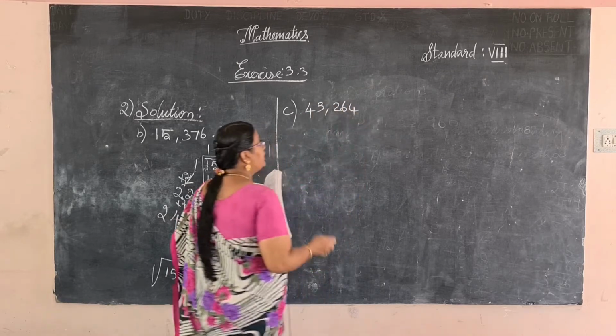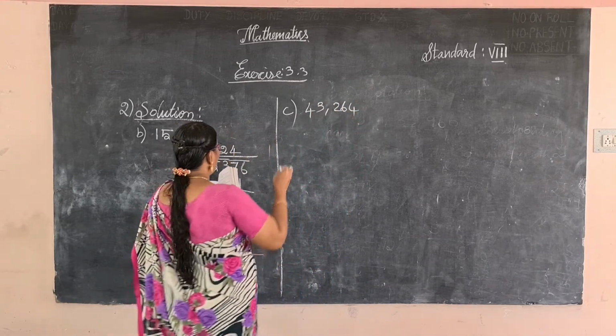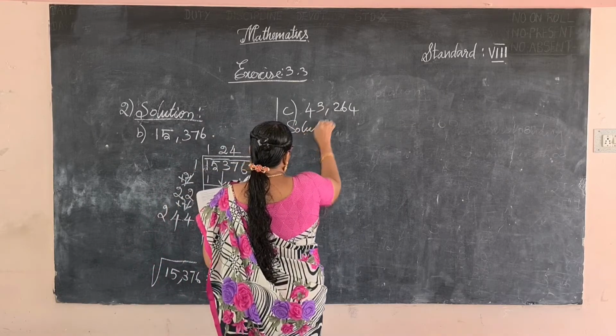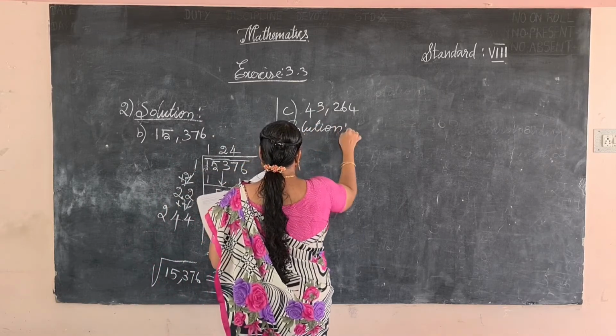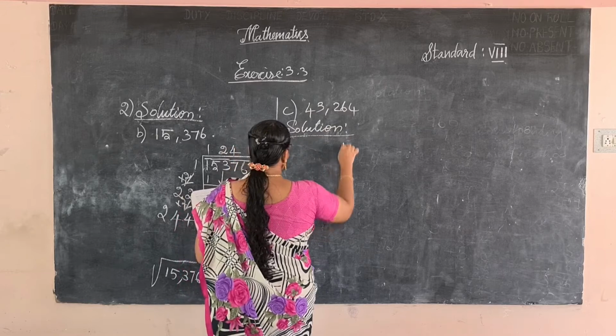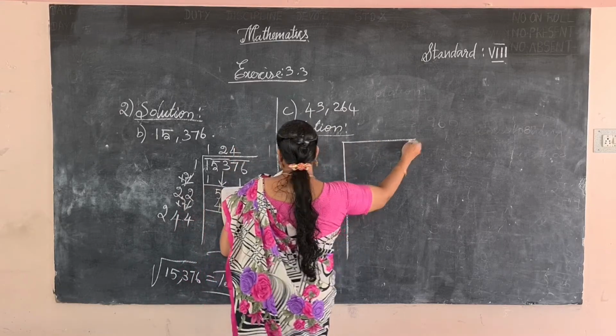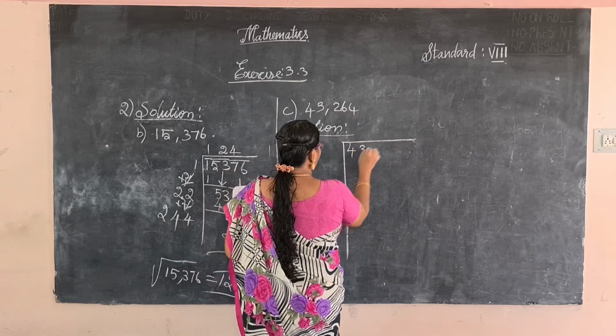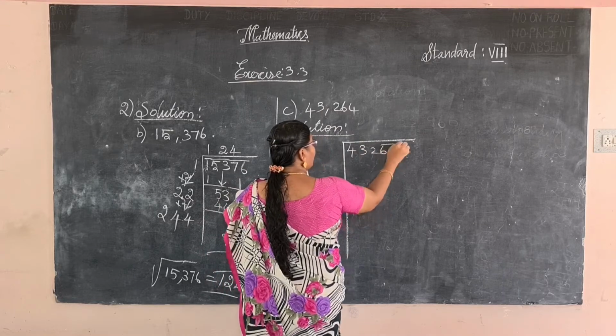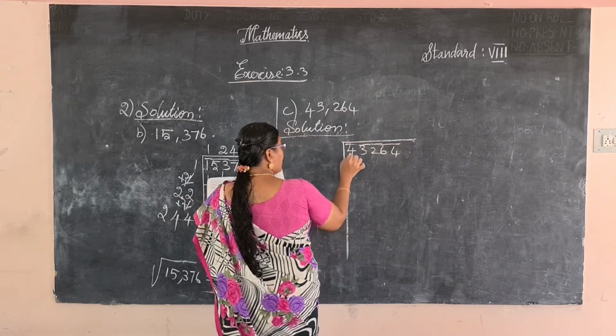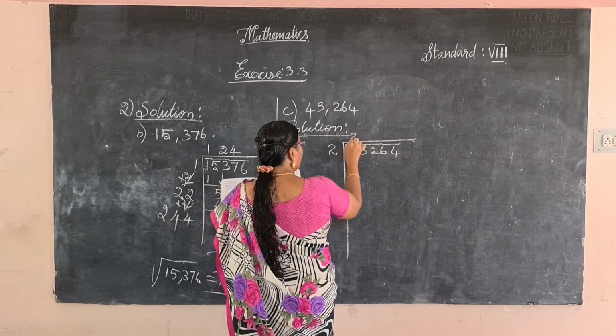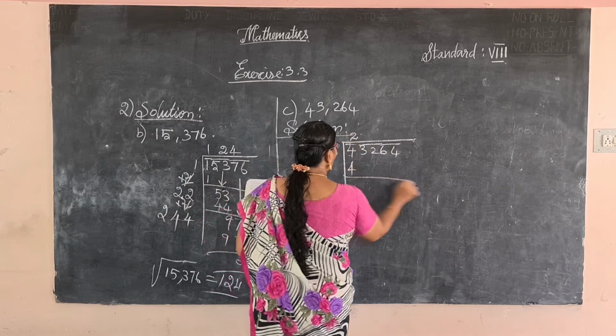43,264. Solution. Divide into pairs. How many squares in 4? 2. 2 2s are 4.